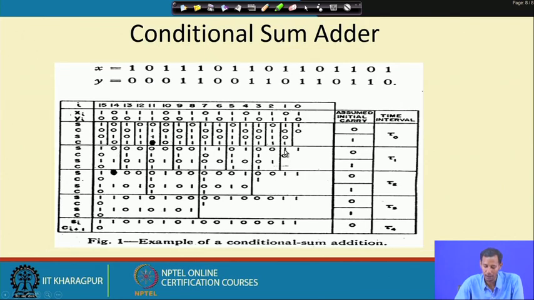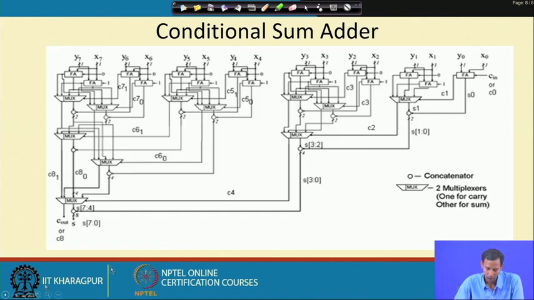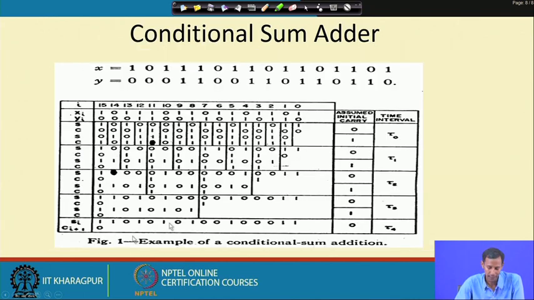So, in this particular case 1 and 0 will be selected, that means C 2 will be 0 and S 1 will be 1. Okay. Then S 1 is 1 and carry C 2 is 0.